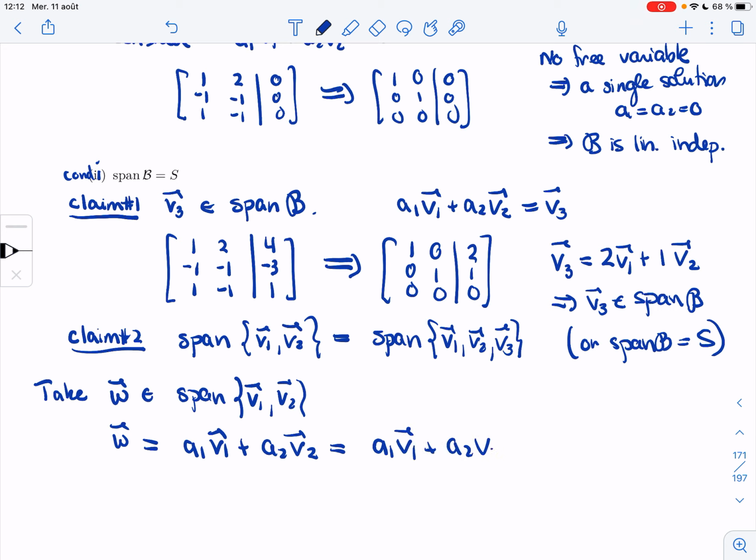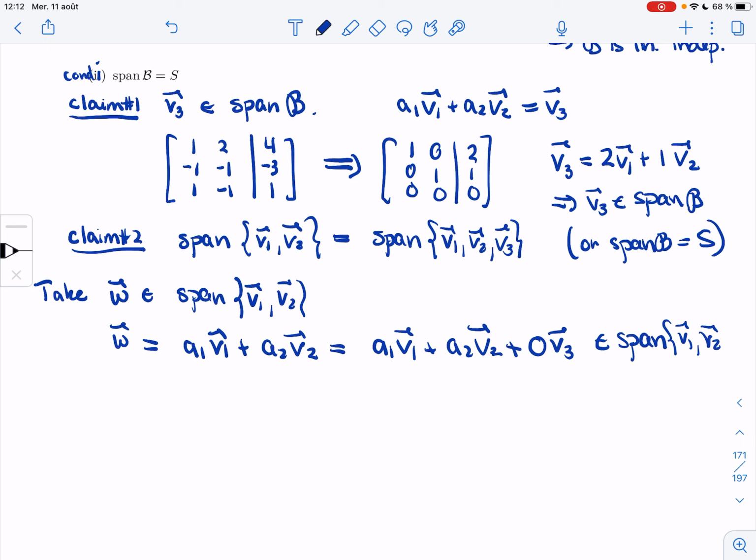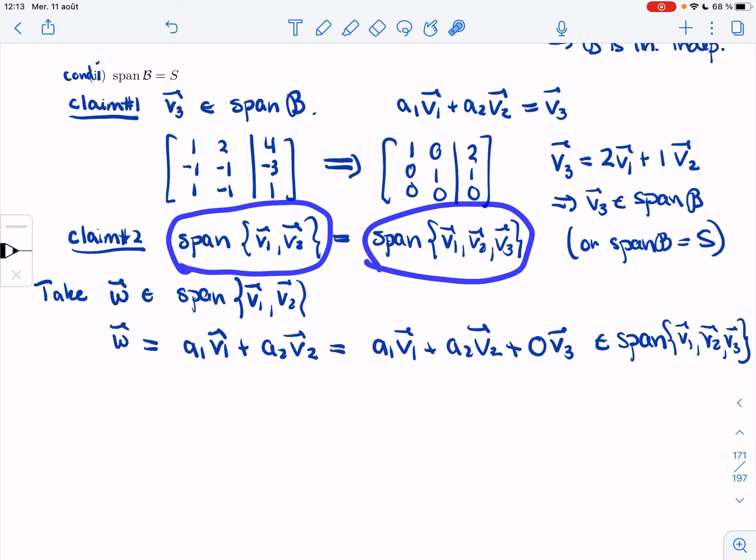All I have to do is almost stupidly add 0 times V3. And so I'm still able to build W even if I'm given an extra generator, right? That doesn't hurt. All right, so everything that's on this side is in that side.